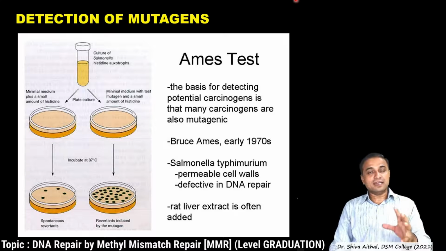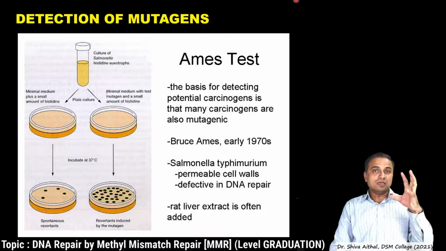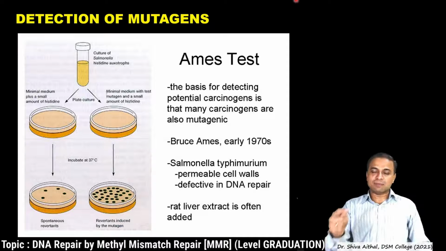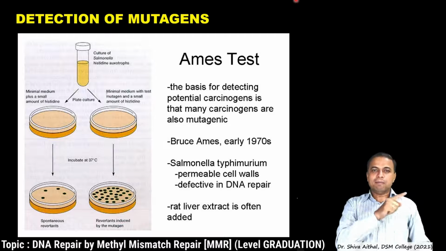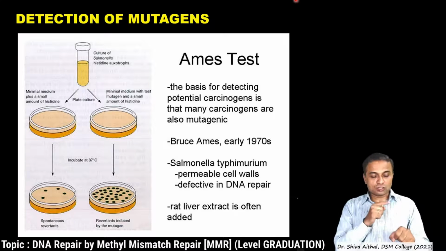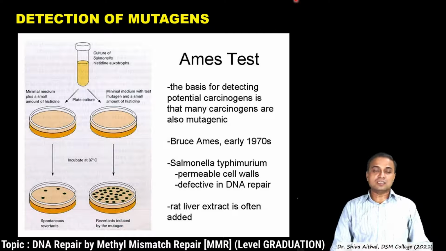They contain majorly, I am saying not all, but they contain carcinogenic compounds which are cancer causing compounds, and many carcinogens are mutagenic in nature. They cause mutations in the skin cells, etc.